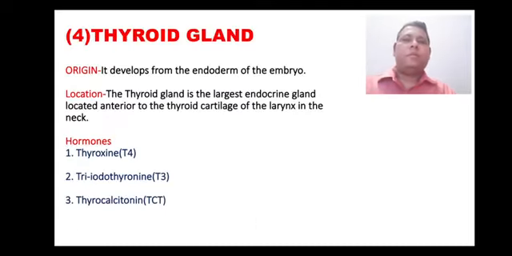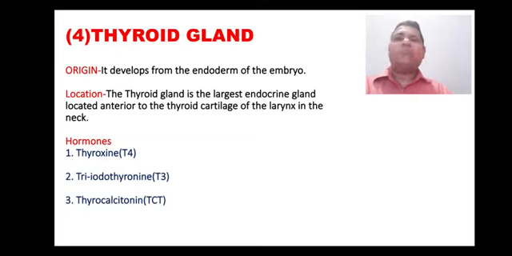Next endocrine gland is the thyroid gland. The thyroid gland develops from the endoderm of the embryo. Location: the thyroid gland is the largest endocrine gland and is located anterior to the thyroid cartilage of the larynx in the neck.